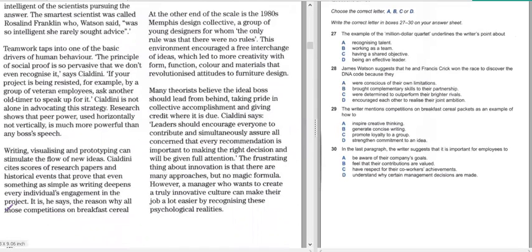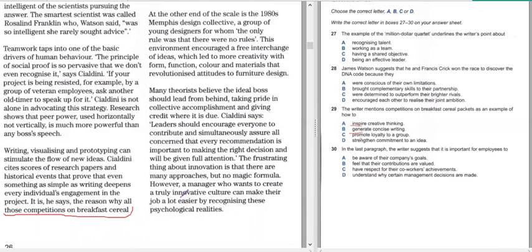So now it is inspiring, generating, promoting, strengthening: creative thinking, concise writing, loyalty to a group, commitment to an idea. Okay, so let's see what he says.